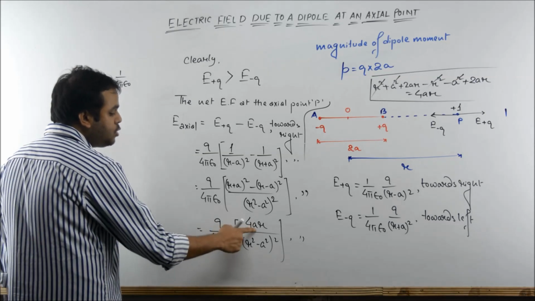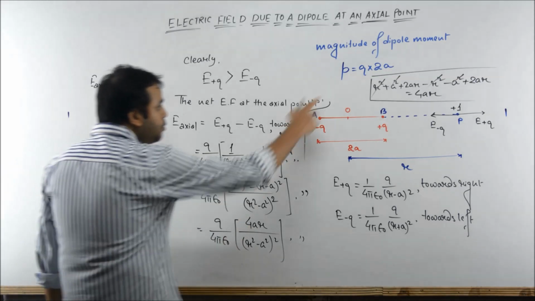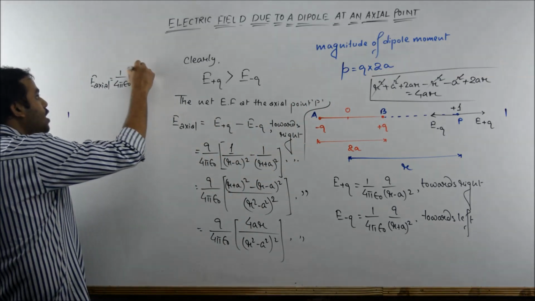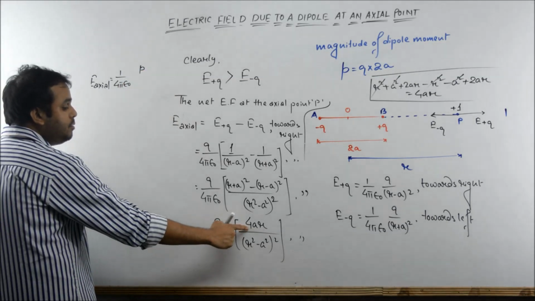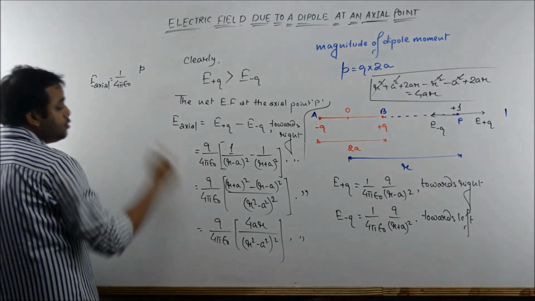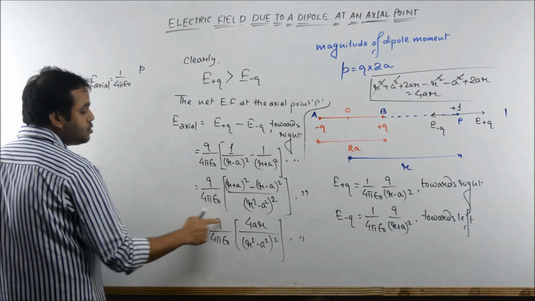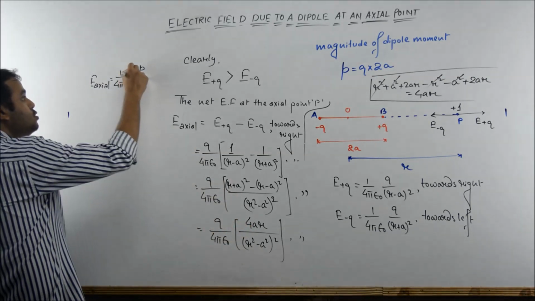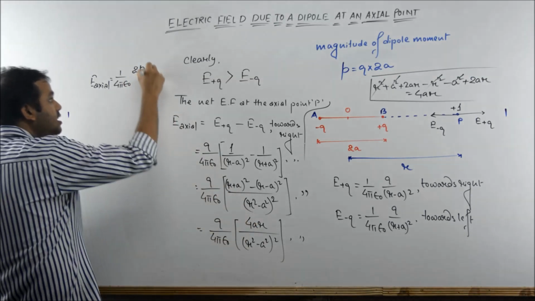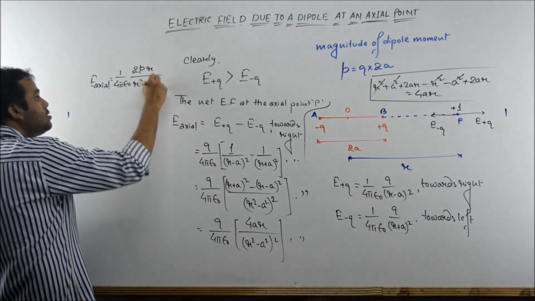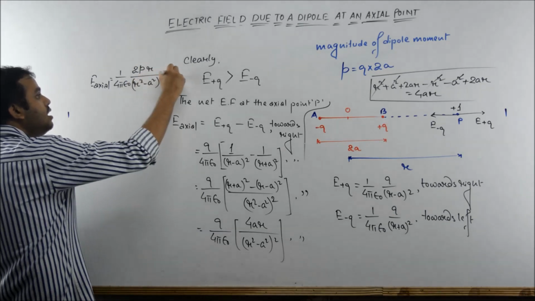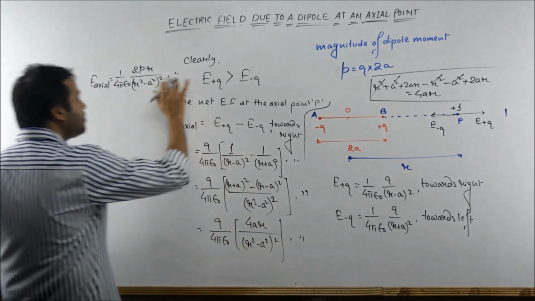Instead of writing twice a multiplied by q, we can put the magnitude of dipole moment P. Clear? But one extra 2 will be there, since we have used twice a multiplied by q, so it's 2. Then r, divided by (r square minus a square) whole square, towards right. Clear, students?